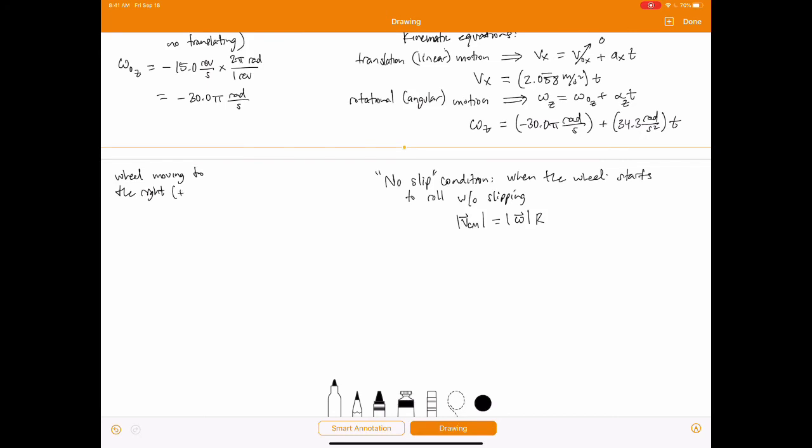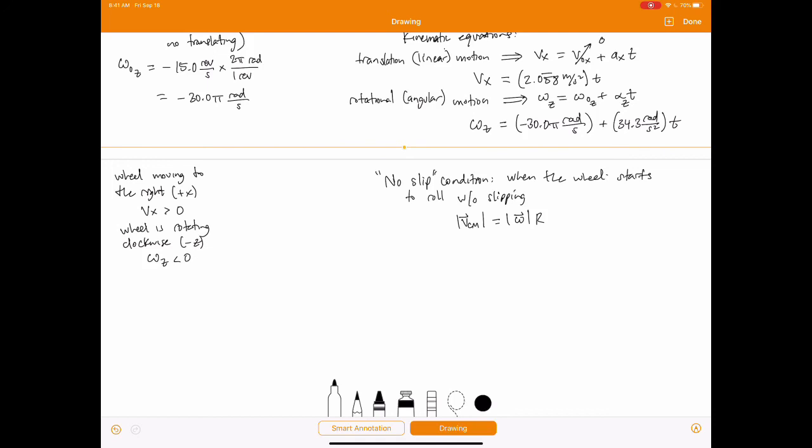That would be the positive x direction, which means Vx, the velocity in the x direction, is something positive. On the other hand, the wheel is rotating clockwise, which we showed earlier is the minus z direction. So omega z is something negative, okay?